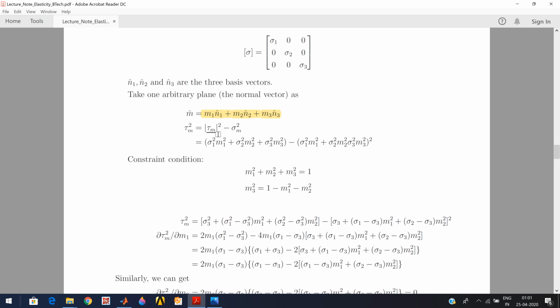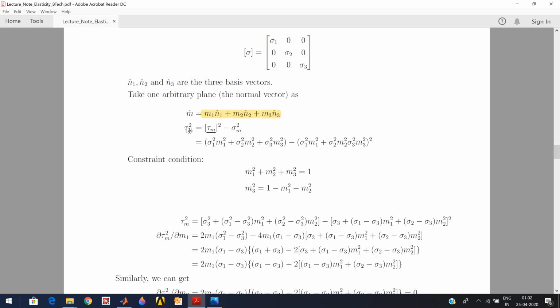So that's why we will be interested only in the absolute value, not the sign. So if we optimize tau m square, it will work for us.